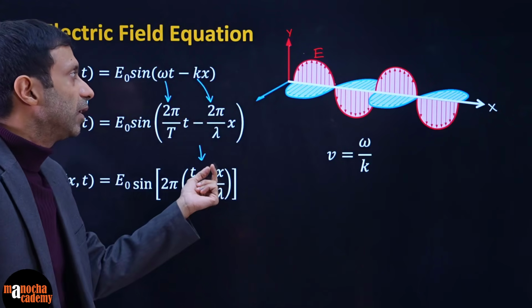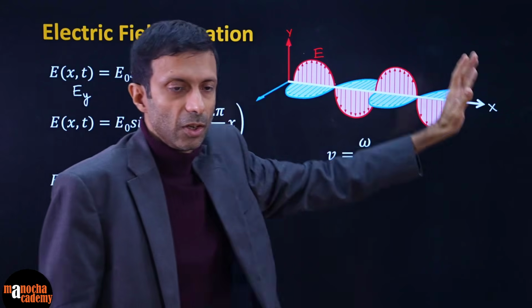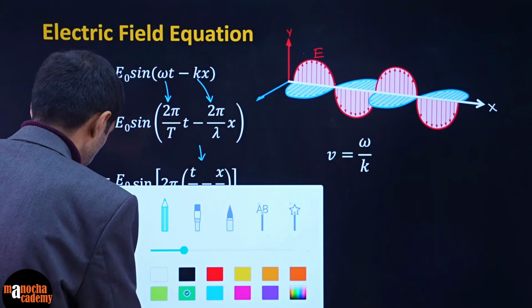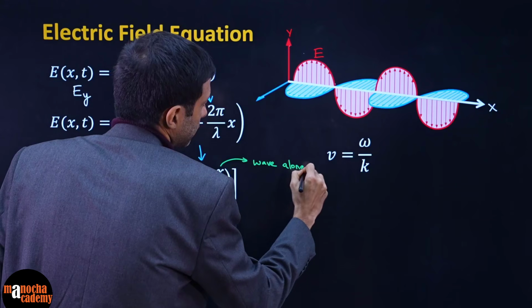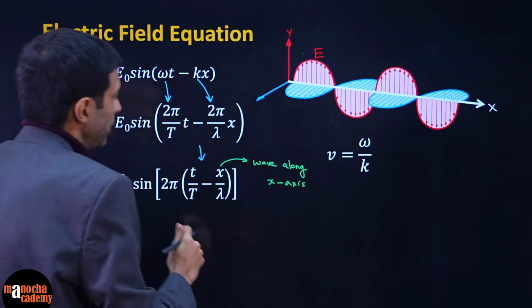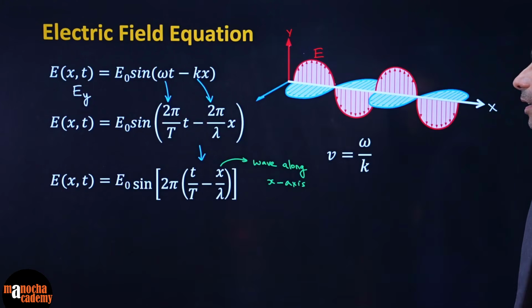If there were a y variable here, maybe the wave would be going the other way. The electric field is perpendicular to it, right? So the variable is very important. X, because it is a wave propagating along the x-axis. So that's the important information we have got from the equation, besides the time period or frequency, and the omega and the k.